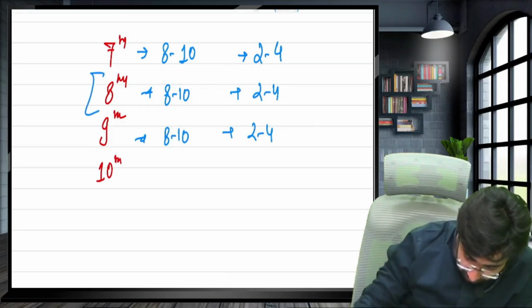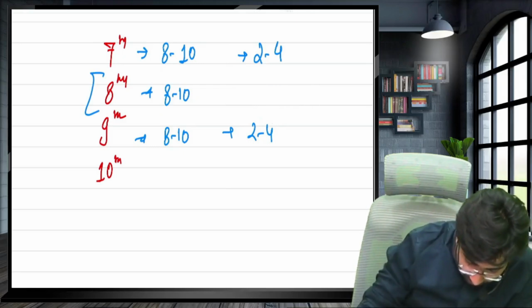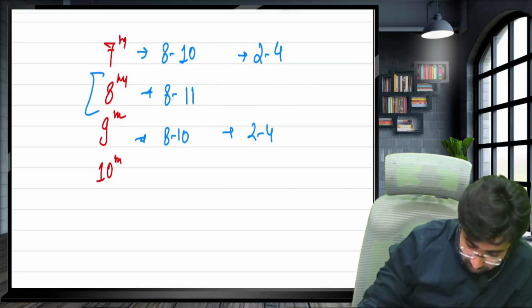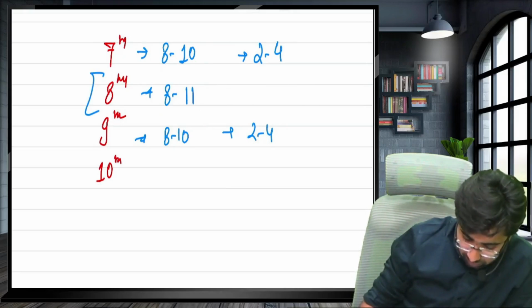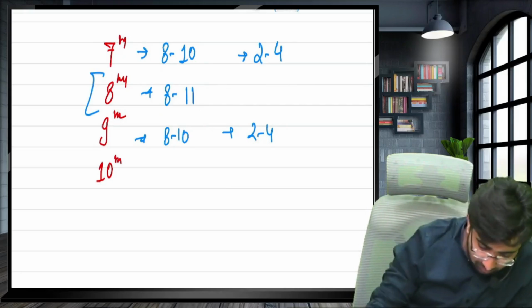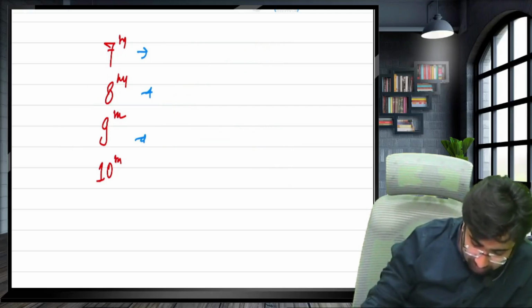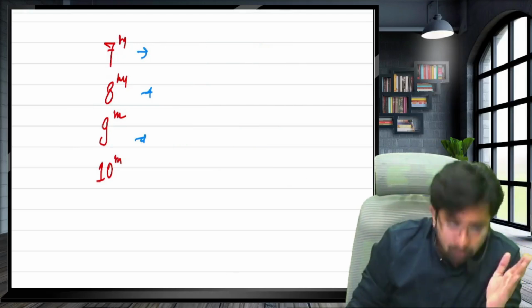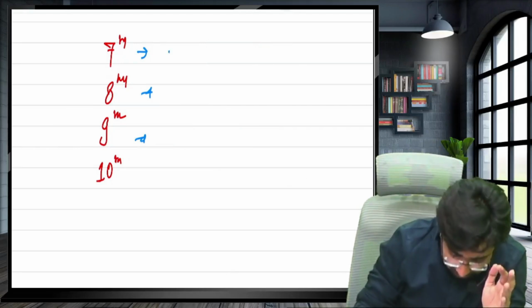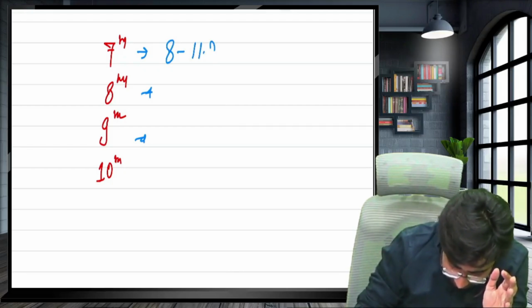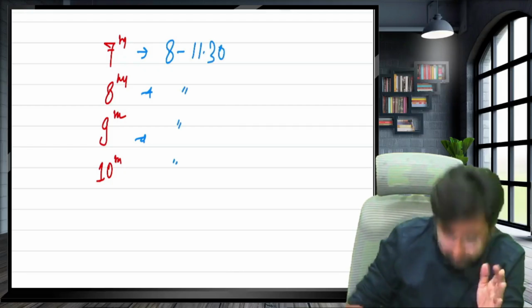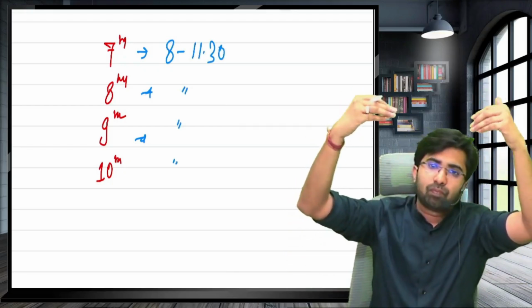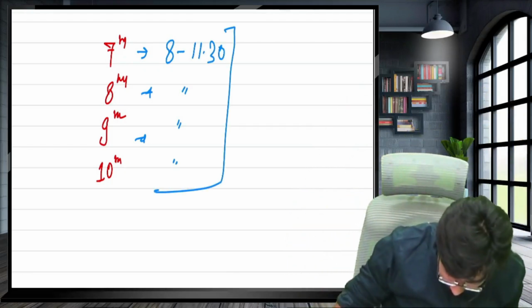Okay, no issues. Can I extend this to 8 to 11 then? Guys, can we do it like this? Let's shift this slot to morning only, from the day after tomorrow onwards, from the 7th. Can I make it 8 to 11:30 daily? Okay, so let's start with this first.